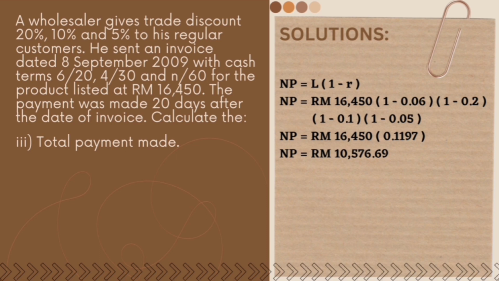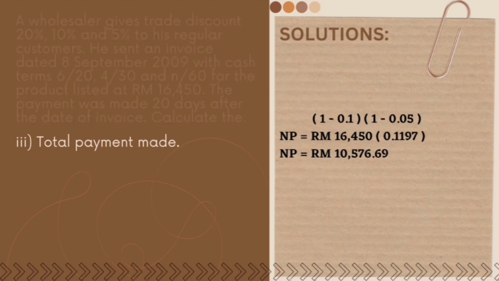NP equals 16,450 ringgit times (1 minus 0.06), (1 minus 0.2), (1 minus 0.1), and (1 minus 0.05). NP equals 16,450 ringgit times 0.1197... NP equals 10,756 ringgit and 69 cents.